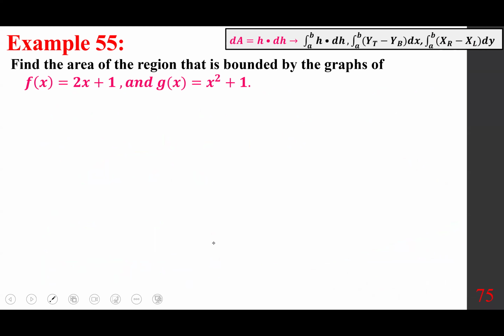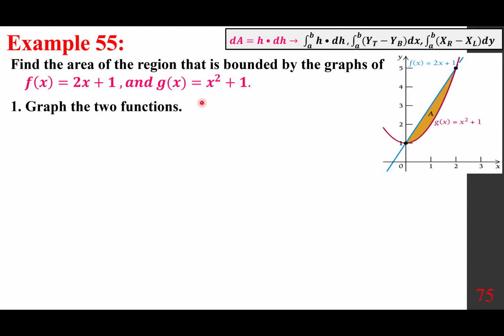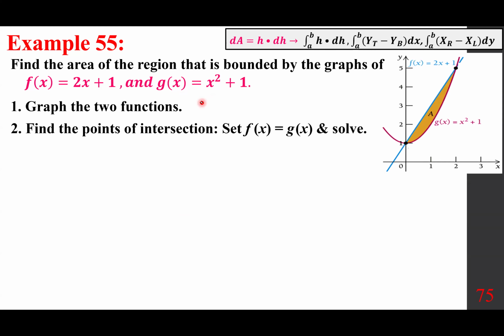All right. Find the area of the region that is bounded by these two graphs. f of x is a line, and g of x is x squared plus 1. y equals x squared is a parabola, shifted up by 1. So we want to graph the two functions. We want to find points of intersection, and that means set them equal.